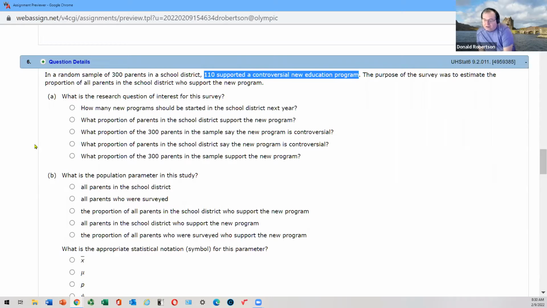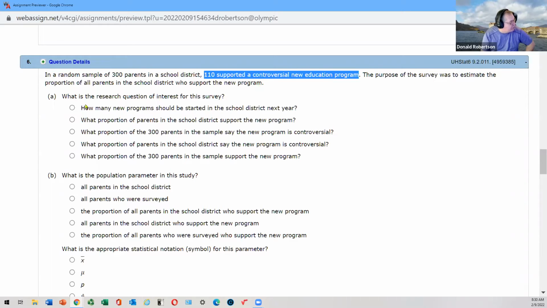So I'm assuming the school district randomly got 300 parents, and 110 of them said, yeah, we like this, this is a good idea. The opposite isn't that 190 of them said, I don't like the idea, don't do it. Because there's only yes, I like it, or no, I don't. That's typically the dichotomy that we use here.